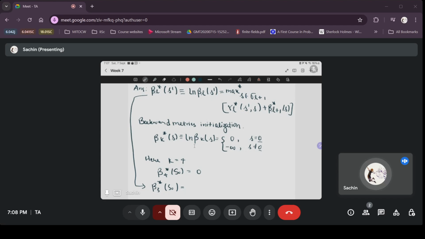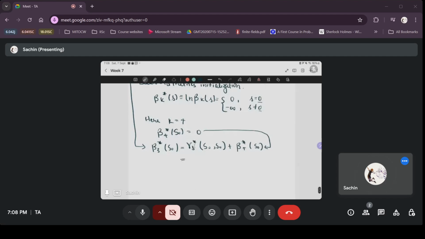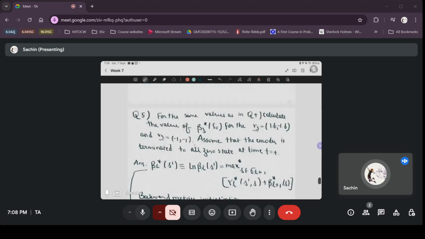So you get gamma 3 star of S0, and S belongs to sigma 4, which is also S0, plus beta 4 star of S0. And we know that beta 4 star of S0 is 0. Now we are left with gamma 3 star of S0 comma 0.